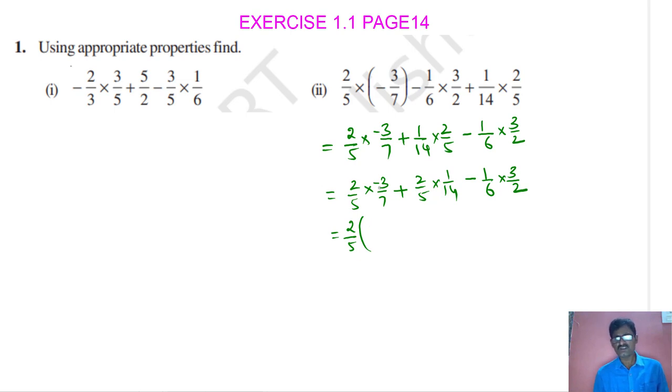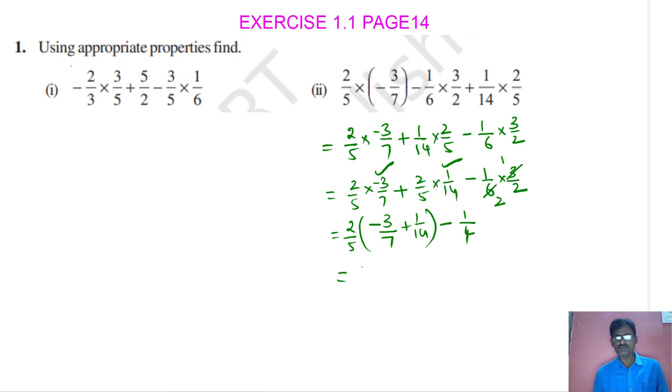Within the brackets we will get the remaining terms, minus 3 by 7 and 1 by 14. So this is minus 3 by 7 plus 1 by 14. Then minus, here if you observe we can cross out actually 3 times 1 and this is 3 times 2. So this is equal to, in the numerator minus 1 times 1 is 1 by 2 times 2, that is in the denominator 2 times 2 is 4.